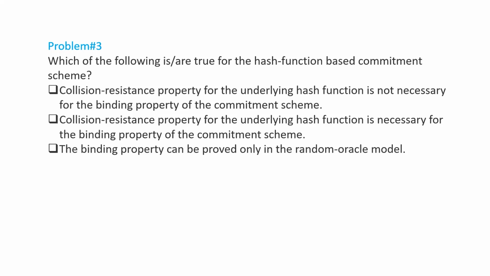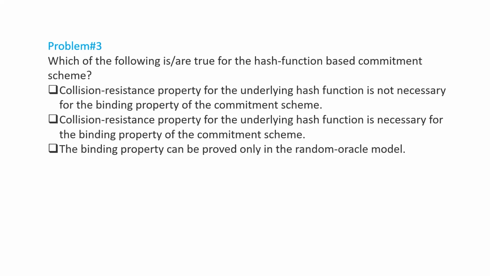But for ensuring the hiding property of the commitment scheme, we actually need the random oracle model, because the collision resistance property of the hash function is not sufficient to argue the hiding property of a commitment scheme. So we need the hash function to be modeled as a random oracle.